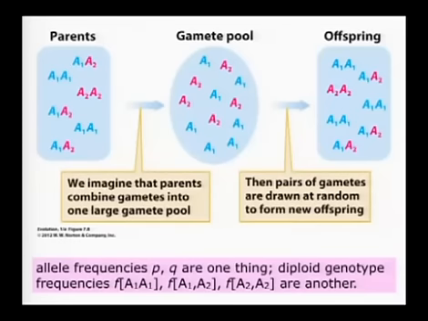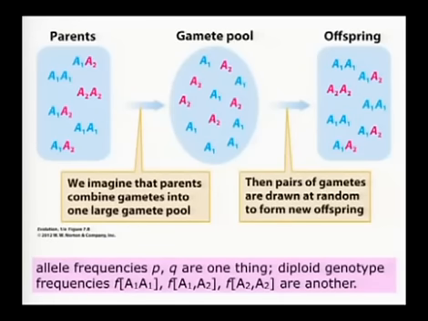So here we might have parent squirrels, and some of those parent squirrels are A1, A1, and some of them are A1, A2, and then some of them are A2, A2. So those would be the genotypes. And if you only had two alleles, then you'd only have 3 possible genotypes. If you had 3 alleles, you'd have more possible diploid genotypes.